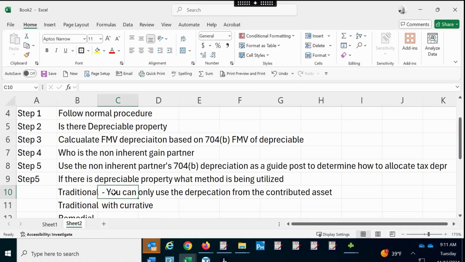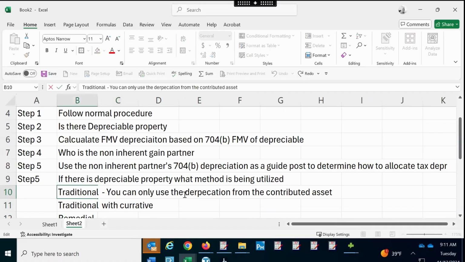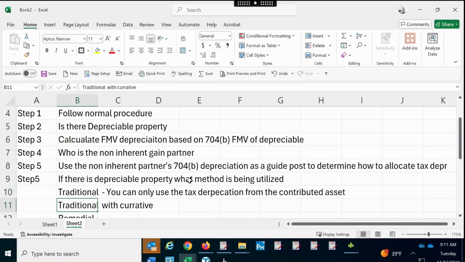I need to be more precise, because words matter. Use the what depreciation? Tax. From the contributed asset. How much tax depreciation do I have? 0. So that says that there is no required allocation because there's something called the ceiling rule. When you use the traditional method, it's possible that you bump into the ceiling rule.